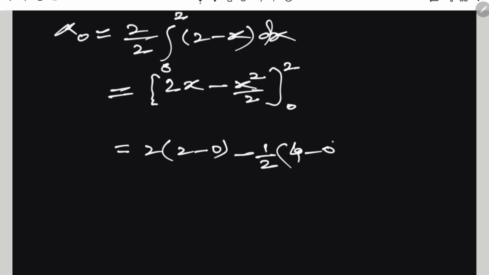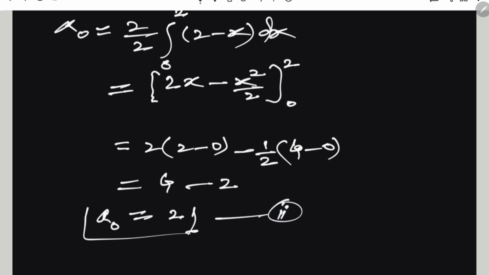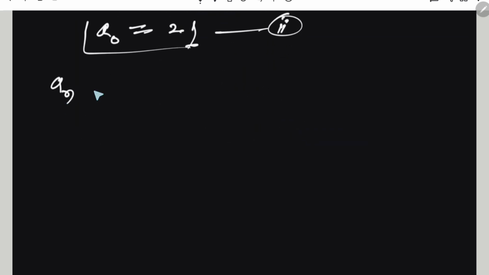Substituting the upper and lower limit for the first term, we get 2 minus 0 into 2, minus 1 by 2 for the second term, it is 2 square 4 minus 0, and therefore it is 2 into 2 minus 4 by 2 means 2. 4 minus 2, we get the value of a0 as 2.